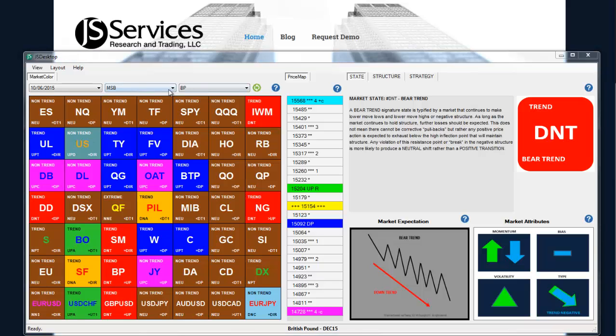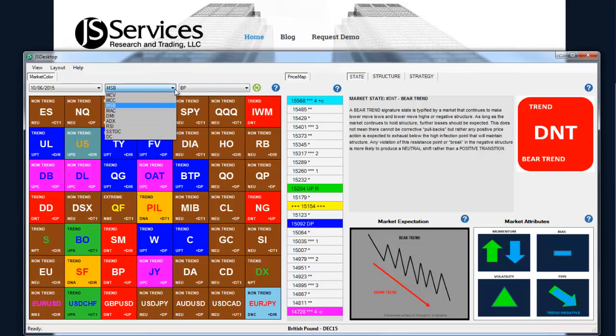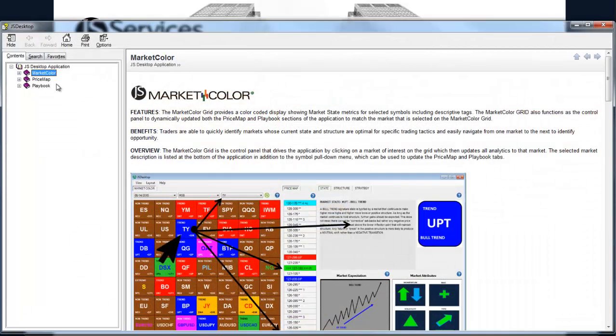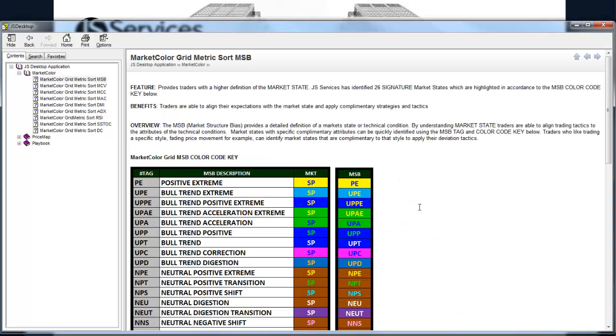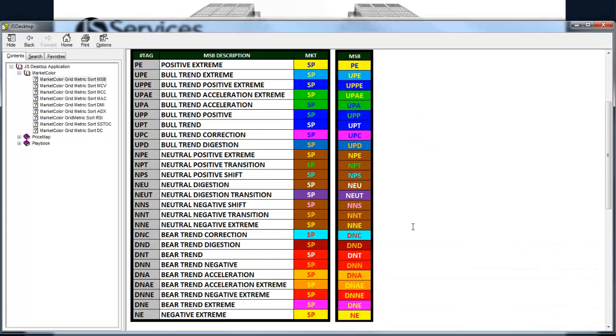The default setting is what we call our MSB, or market structure bias, which presents a color-coded definition of each different market state. JS Services has identified 26 unique market state conditions.